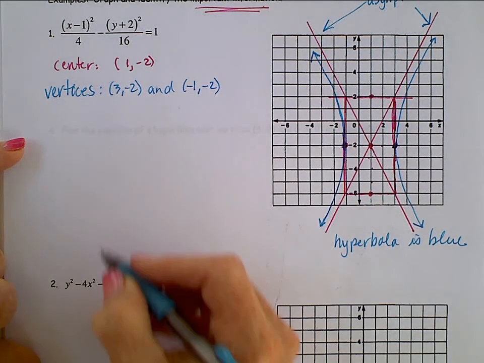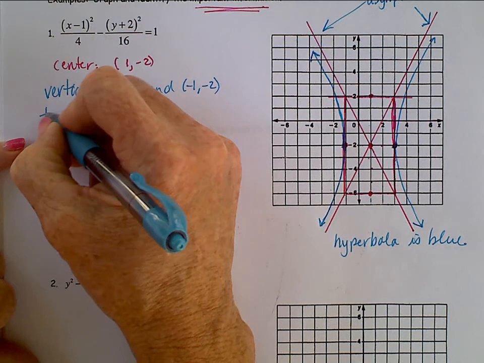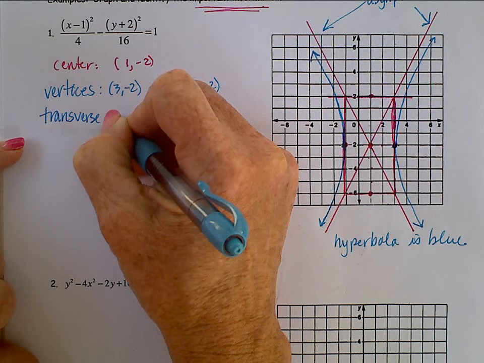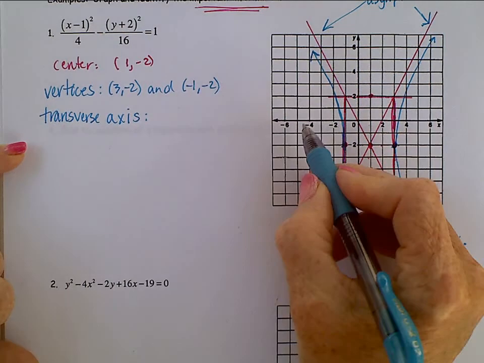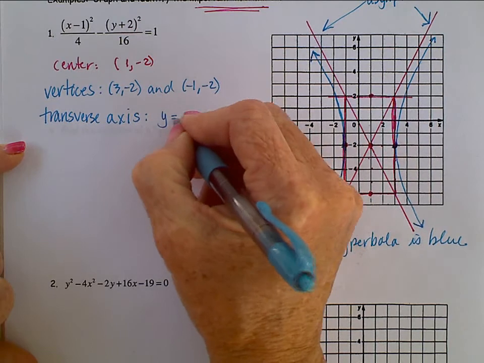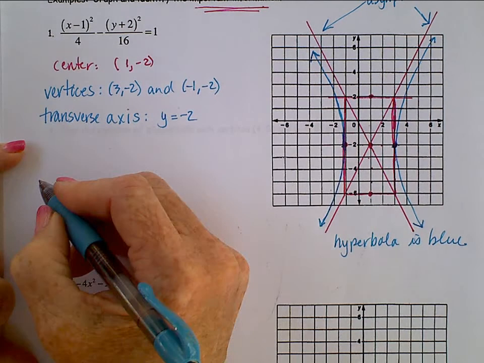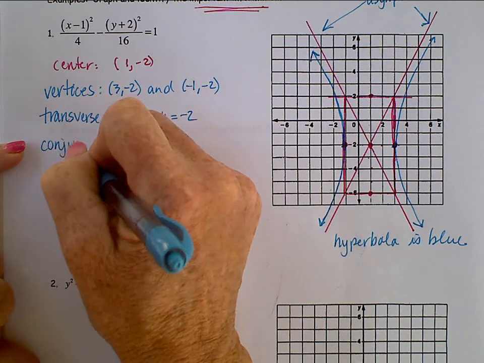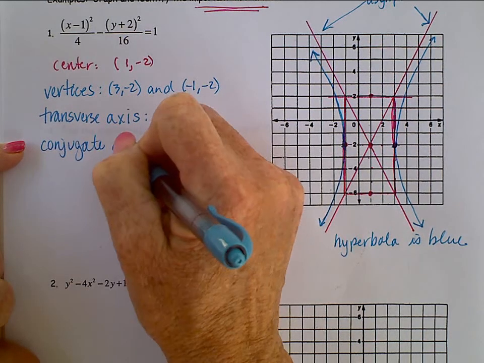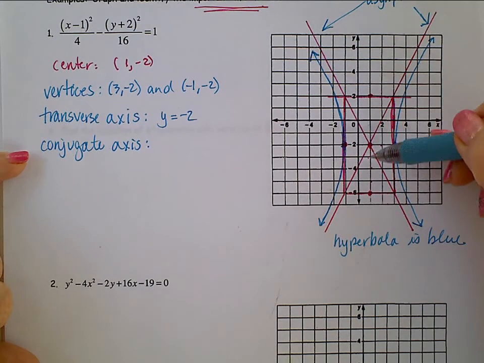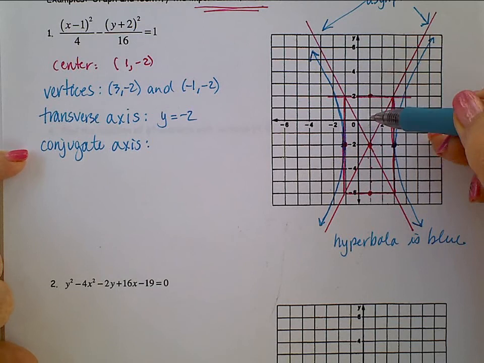The transverse axis goes through the vertices, so that is at y equals -2. The conjugate axis is perpendicular to the transverse axis through the center, and that is happening at x equals 1.